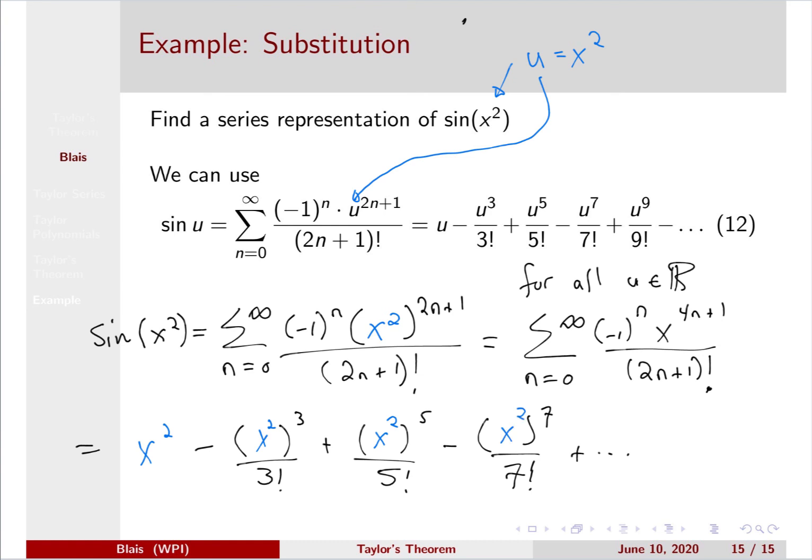And then we could use our rules for exponents to simplify this, where we would get x squared minus, here we see the exponents multiply, x to the 6th over 3 factorial, plus x to the 10th over 5 factorial, minus x to the 14th over 7 factorial, so on and so forth.